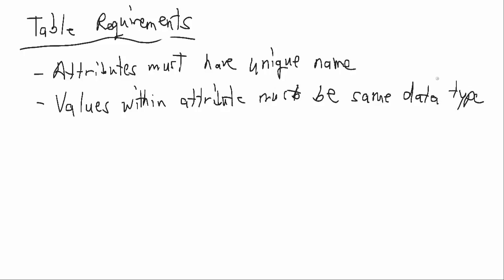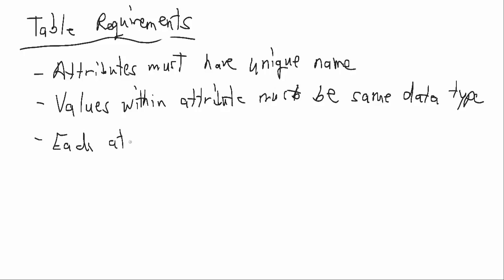So I can't have a date field for one record and then a text field for the next record. Any date field, if I've got it defined as a date, would have to continue to have a date data type. And that's important for calculations that are going to be made and queries that would be made and additional computer processing that's going to be done with that data.